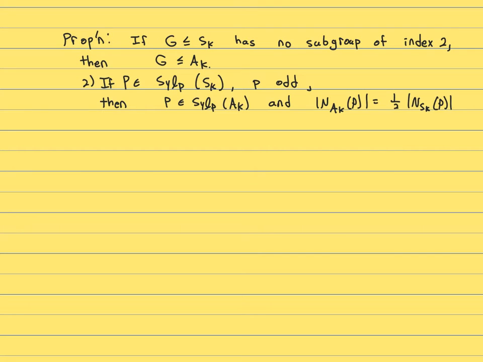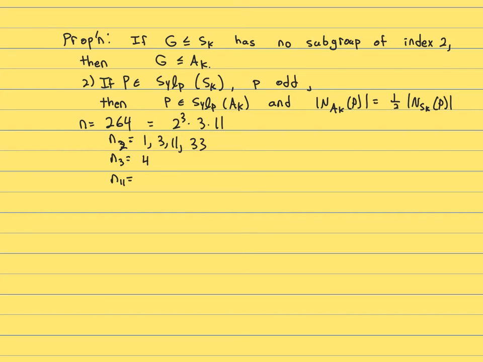So for example, suppose we were looking at groups of order 264, which is 2 cubed times 3 times 11. Let's look at the values n sub 2, n sub 3, n sub 11. n sub 2 is going to have to be odd, and it's going to have to divide 3 times 11, so you're going to have either 1, 3, 11, or 33. n sub 3 has got to be congruent to 1 mod 3, and it's going to have to divide 88.